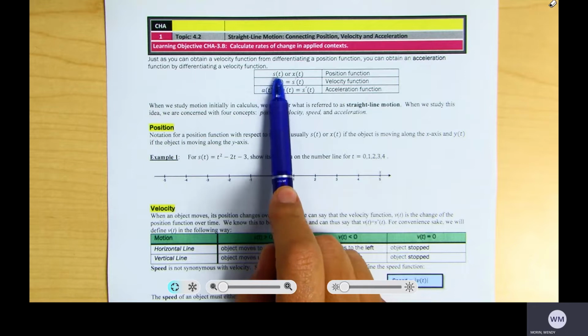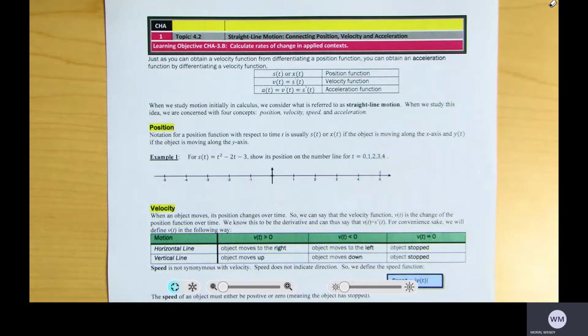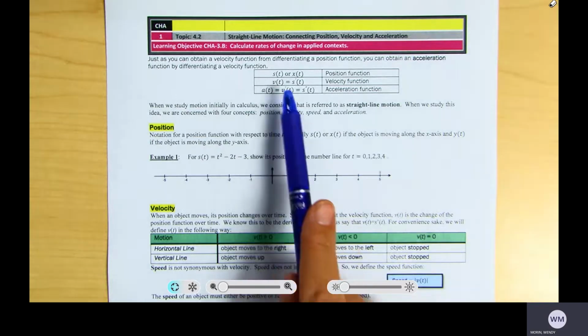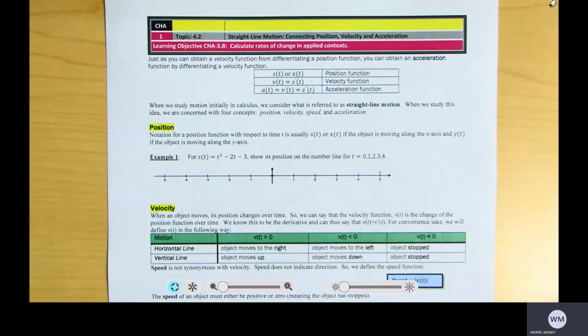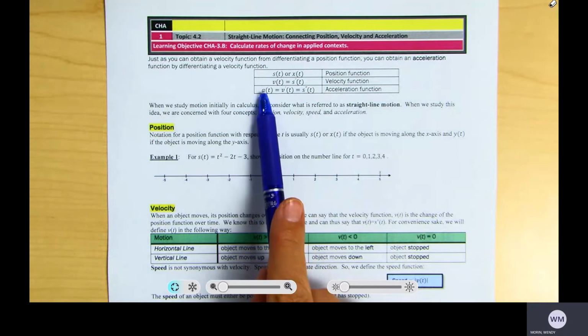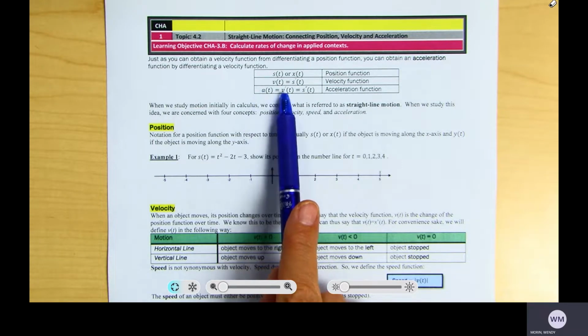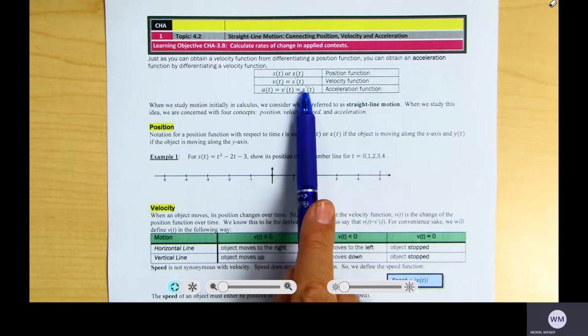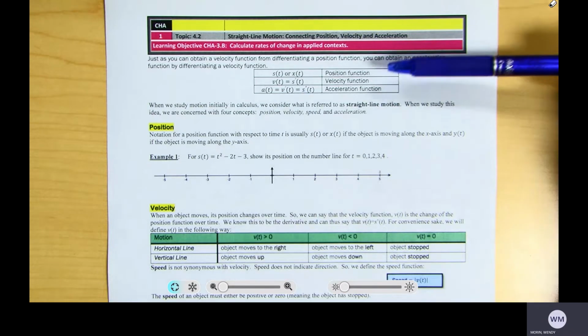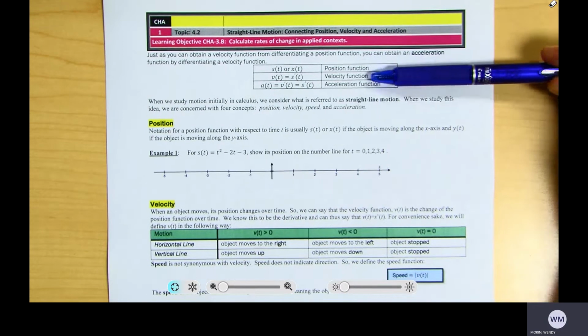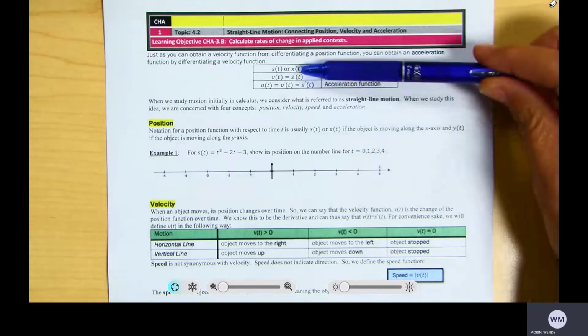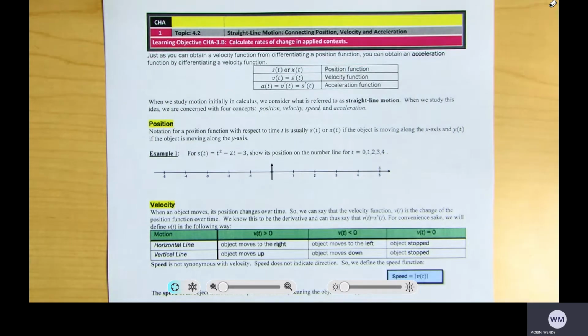We use S of t or x of t for position, V of t for velocity, which is the derivative of position, and then a of t for acceleration, which is the derivative of velocity or the second derivative of position. So position, velocity, acceleration. That's the notation that you should know for those.